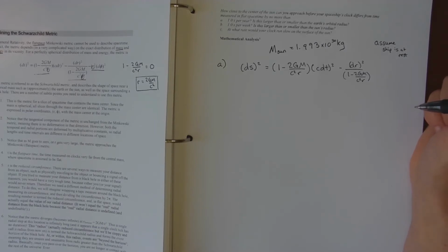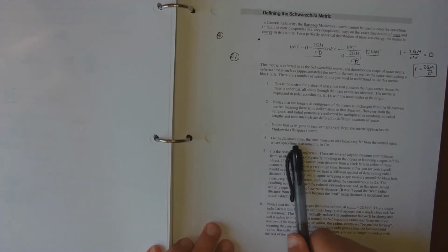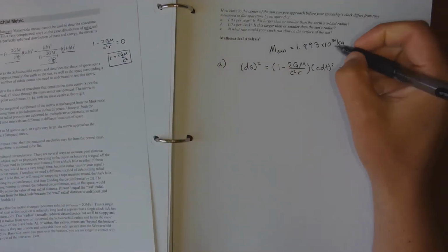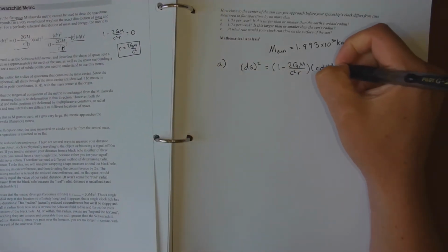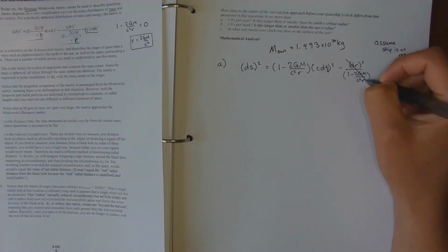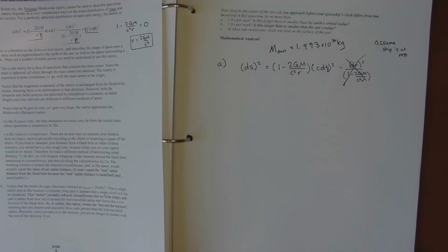So remember that t is the flat space-time, the time measured on clocks very far from the central mass where space-time is assumed to be flat. So this dt is for flat space-time, and dr is equal to 0 because we're going to assume the ship isn't going anywhere.